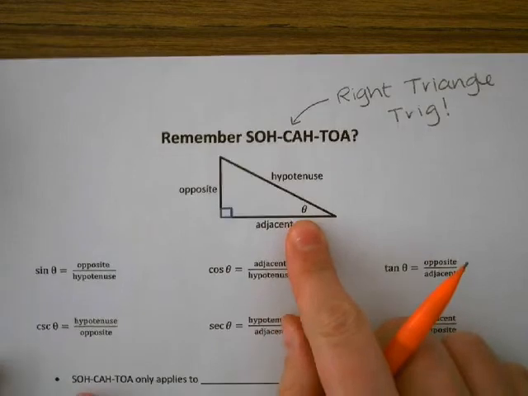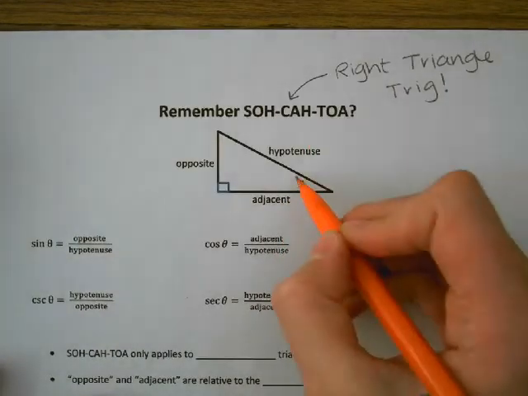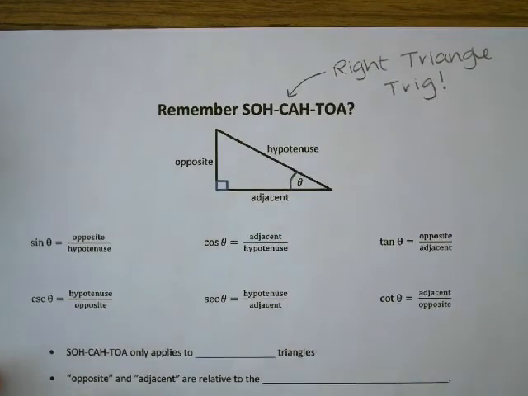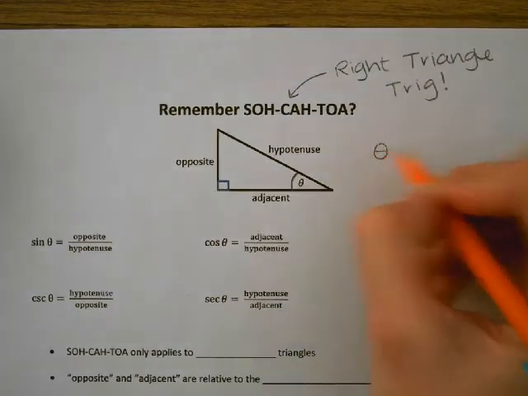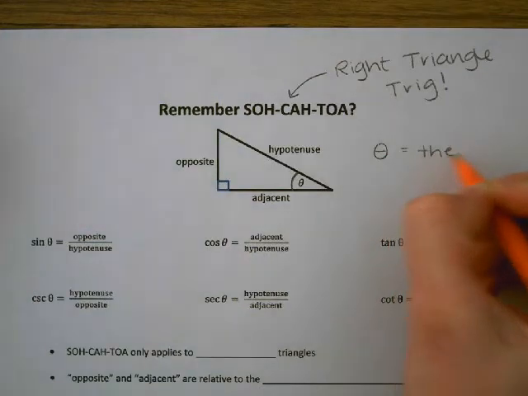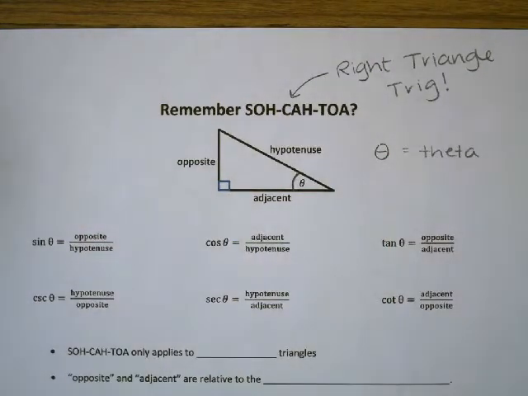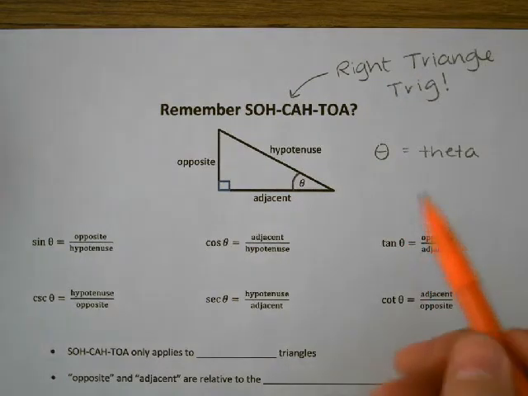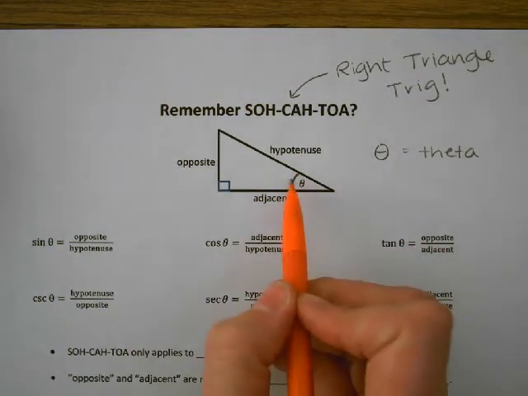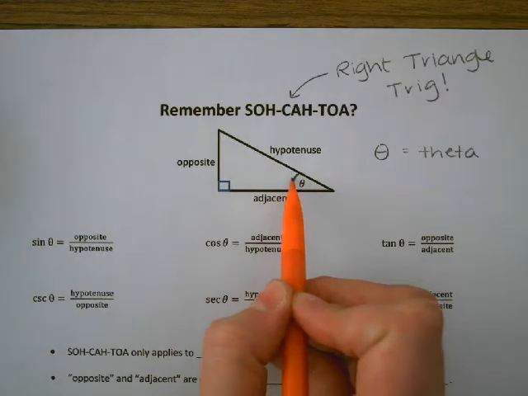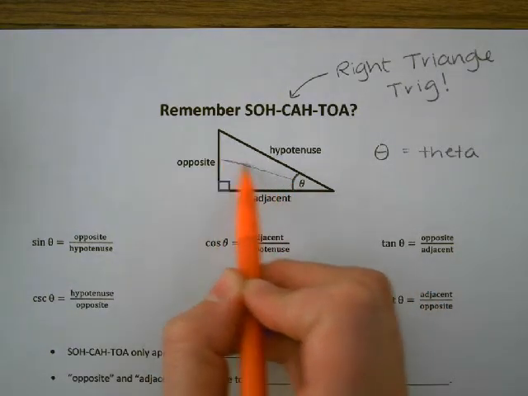So we start with a right triangle and we always have a given angle. And typically the variable that we use for that is theta. That's Greek, T-H-E-T-A, so theta, that's how you pronounce that. And to label the sides in relationship to that theta, the side that is opposite of the angle is called the opposite side.